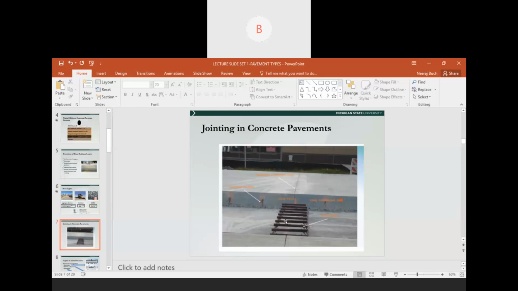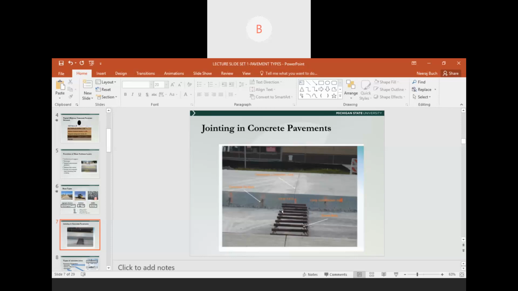The first difference is that the dowel bars are absolutely smooth. The surface is smooth, whereas a tie bar just looks like a reinforcing steel, so the surface is ribbed or corrugated. That allows the concrete to bond to the tie bar.